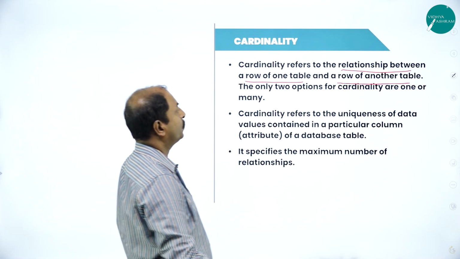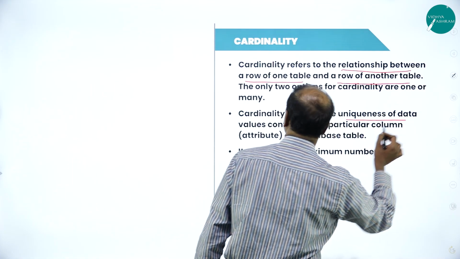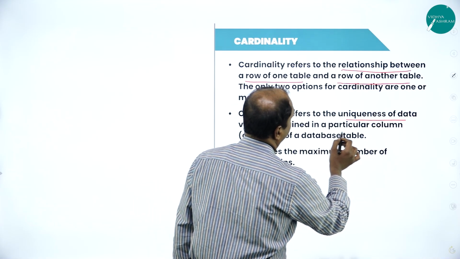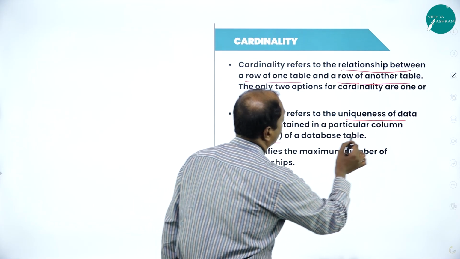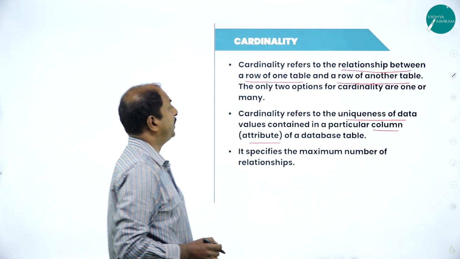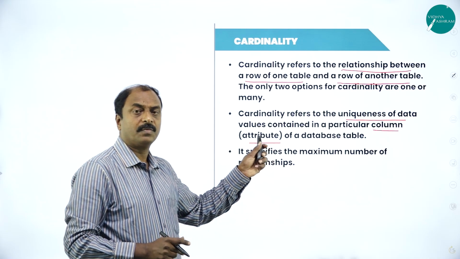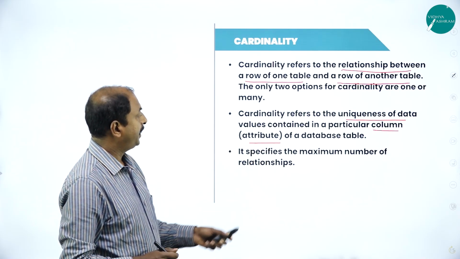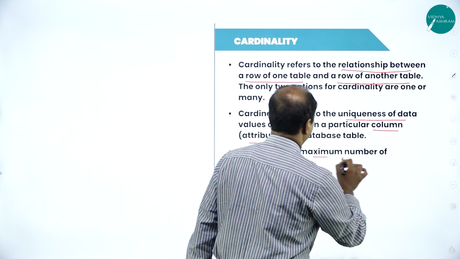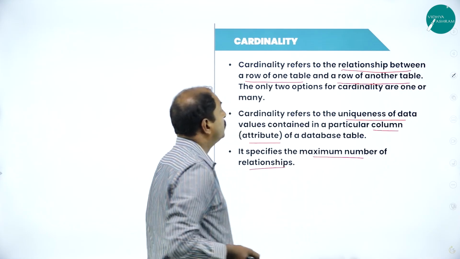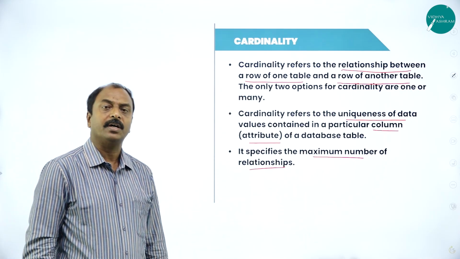It refers to uniqueness of data or values contained in a particular column or attribute, and it specifies the maximum number of relationships. So this is the definition of cardinality.